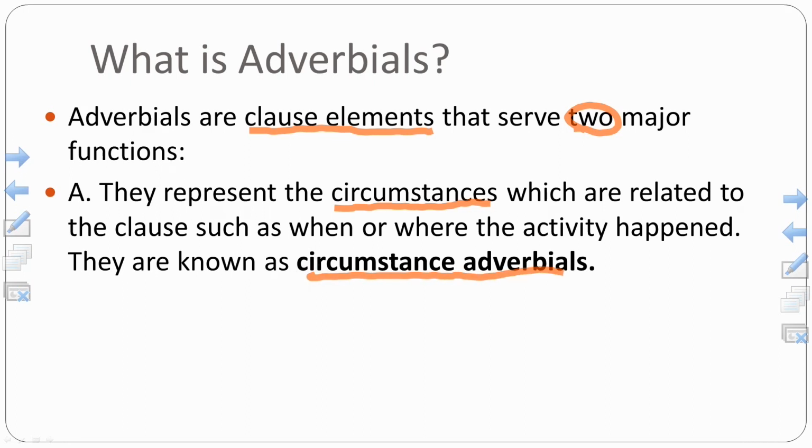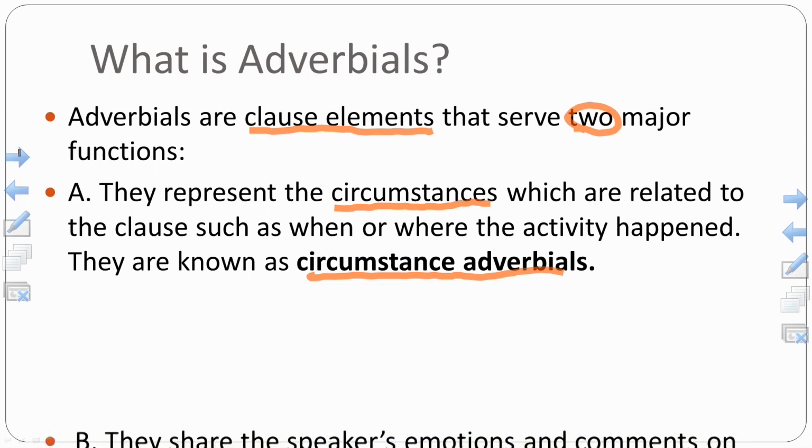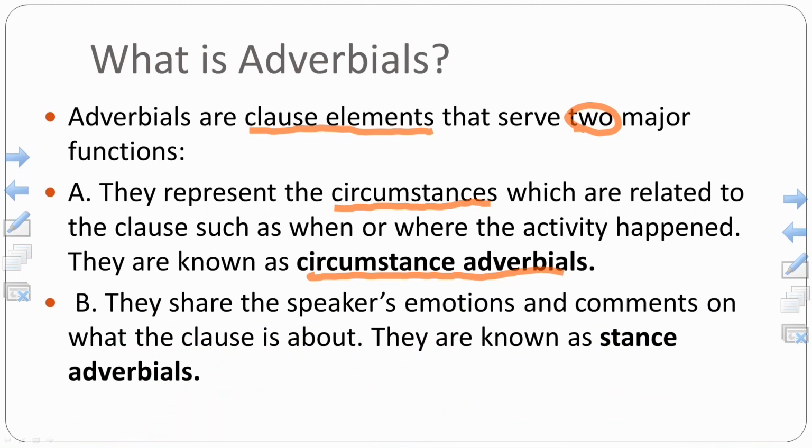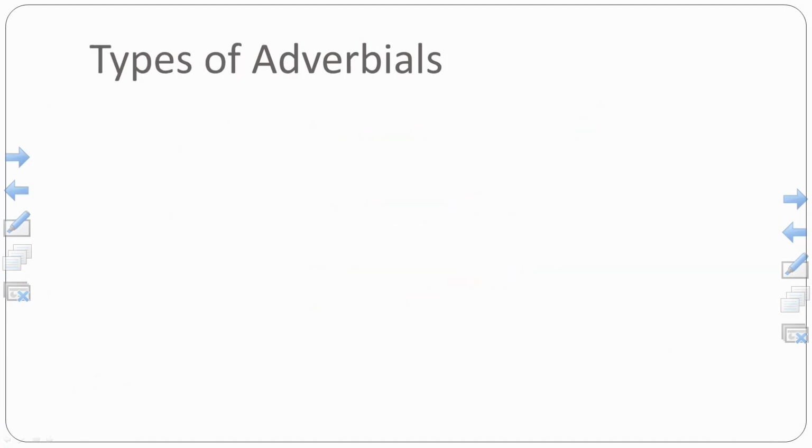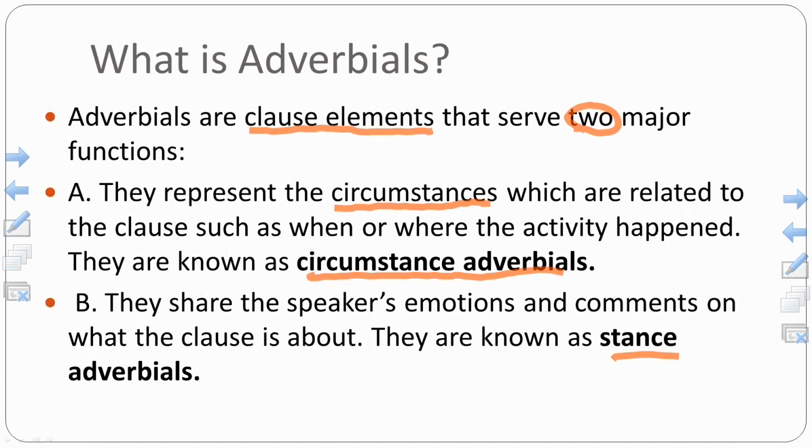Then the second purpose, they share the speaker's emotions and comments on what the clause is about. They are known as stance adverbials. It also comments on what the clause is about, and also it discusses the emotions.